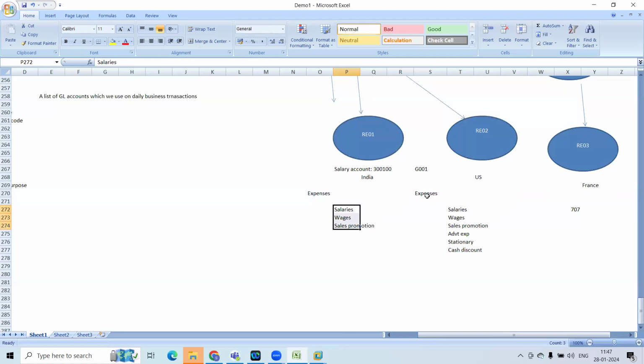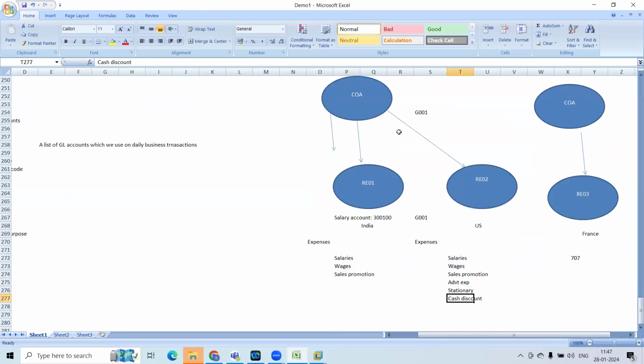If you generate at US company code level, you will do these many in the profit and loss account. But together, RE01 and RE02 at global level, we want to know what my profit and loss account expenses are.